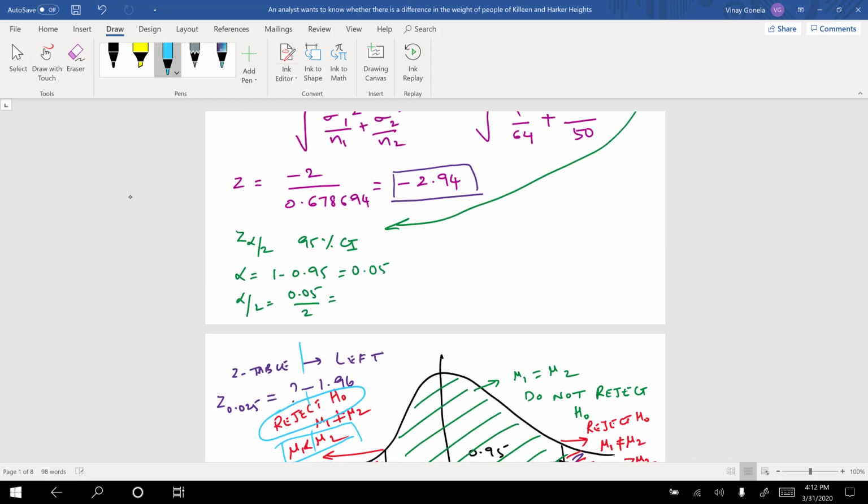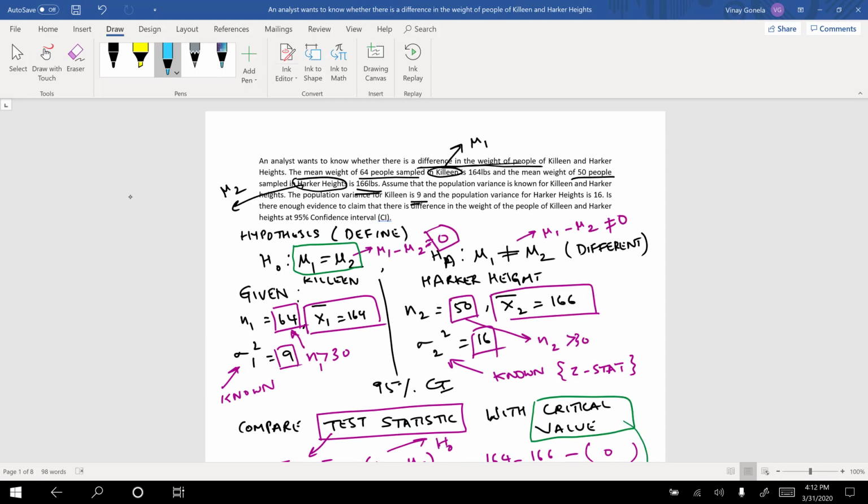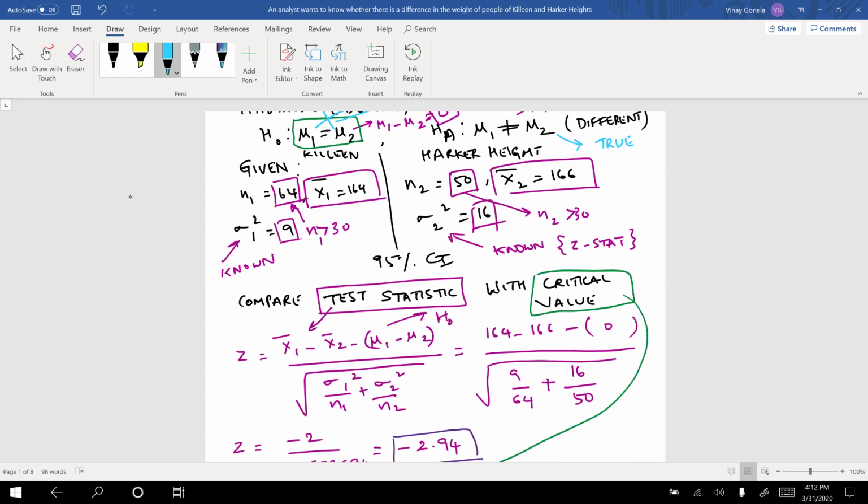So we are rejecting this, so this statement is false. So that means inherently this statement is true. So there is sufficient evidence to show that there is a difference in the weight of people of Killeen and Harker Heights.